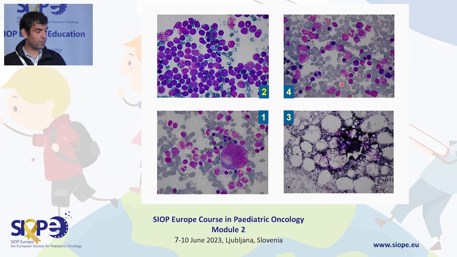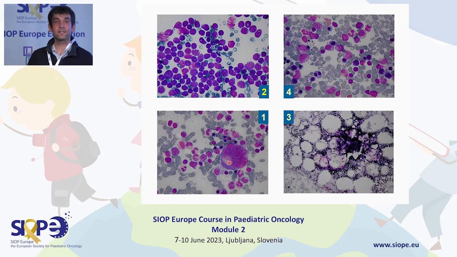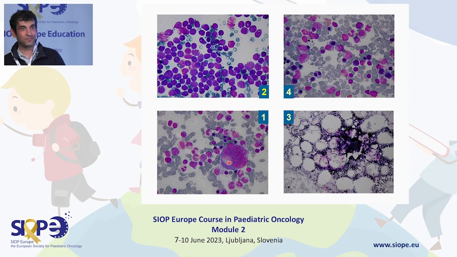So, patient number 1, you remember, severely thrombopenic and anemic. What could this be? And these big cells here, whatever they are, are increased in the bone marrow. What kind of cell is this? It's a megakaryocyte.